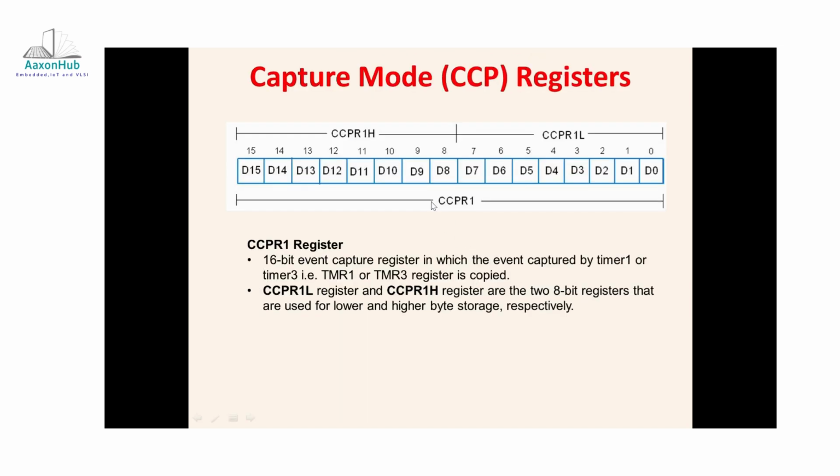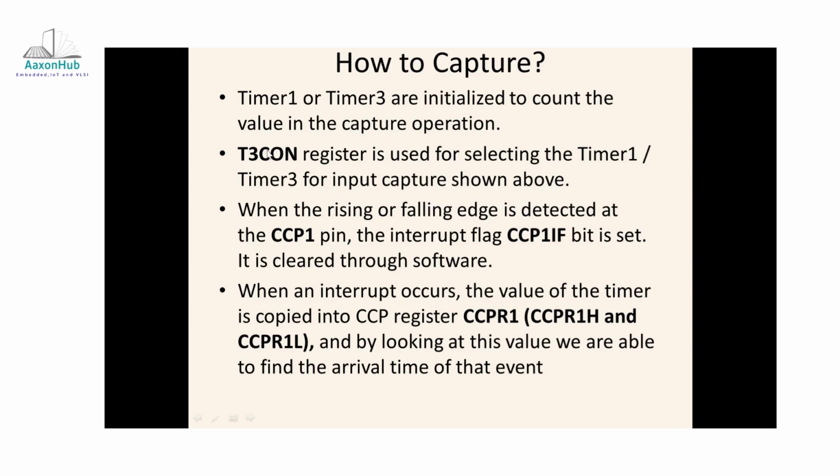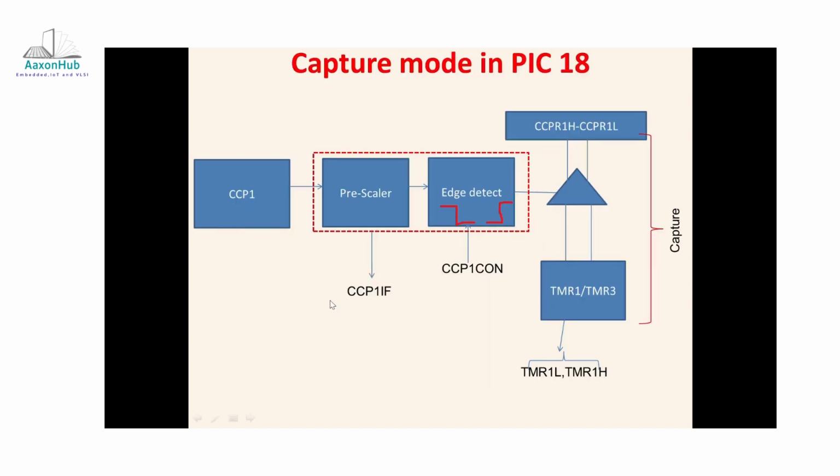If you want to use a timer, you have to utilize the control register required for that timer. If timer 3 is used, then the T3CON register is used for selecting the respective timer for this capture mode, which is shown in this slide.